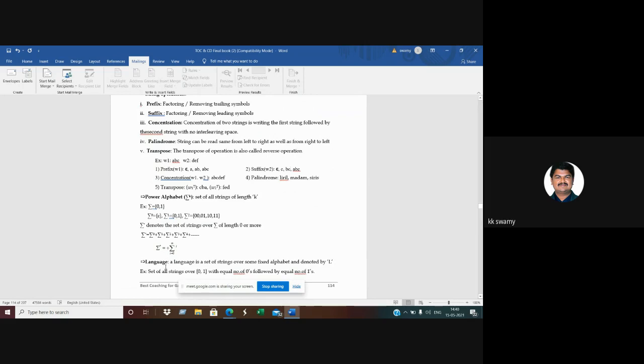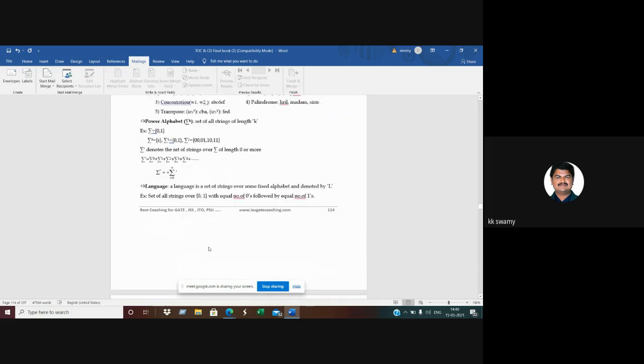That means sigma power 1 union sigma power 2 union up to sigma power n. So what is the difference between sigma star and sigma plus? Sigma star includes the epsilon symbol also, but sigma plus, the positive closure, requires at least one character. That means all the strings of sigma star except epsilon.